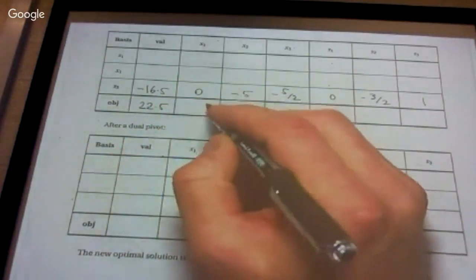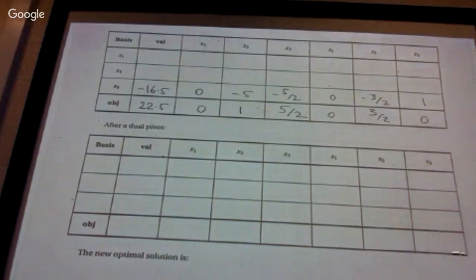And the objective row was 22.5, 0, 1, 5 over 2, 0, 3 over 2, and 0. Why do I need the objective row? To find the ratios. Yes, I'm going to want to find some ratios.